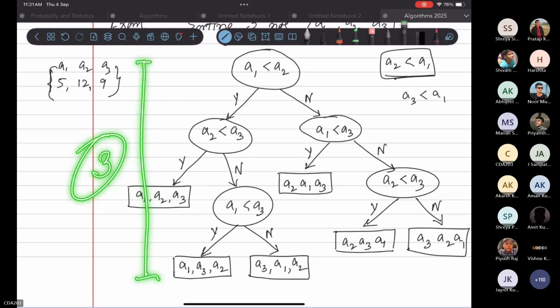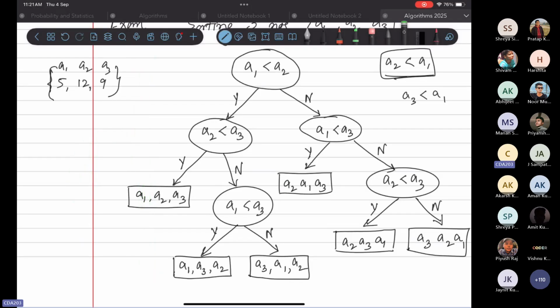The height of this tree is 3. Right? Does this height represent the number of comparisons for what? The number of comparisons in a particular execution is the length of one particular path. I'm asking what quantity the height of this tree represents. Let me give you a hint.